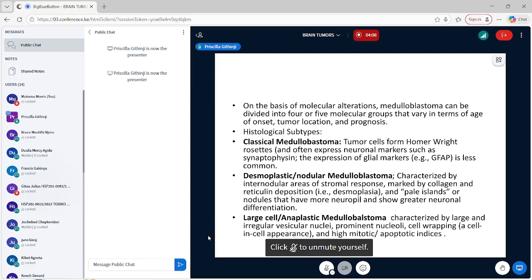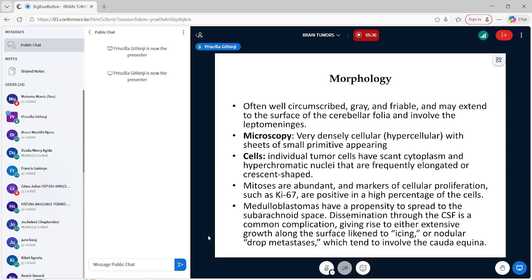Then we have the large cell or anaplastic medulloblastoma, which is characterized by large and irregular vesicular nuclei, prominent nucleoli. They'll also show cell wrapping, which is a cell-to-cell appearance, and they also have a high mitotic and apoptotic index. So you have high mitosis and also increased apoptosis.